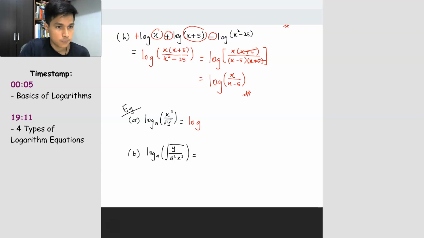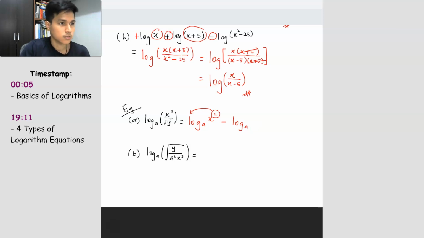So log base a x square minus log base a square root y. There's one property that we have yet to cover, we will cover later, that when you have the power here, you can bring it in front. And then this y here you can change it to y power 1 over 2.